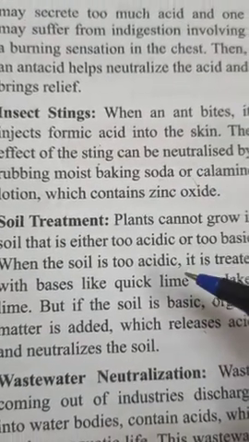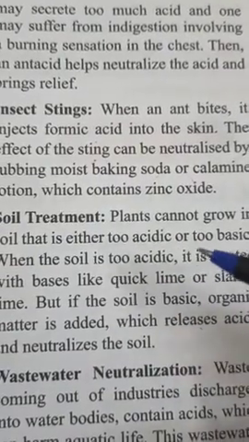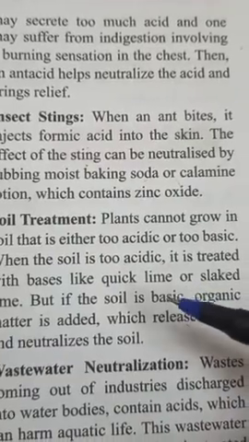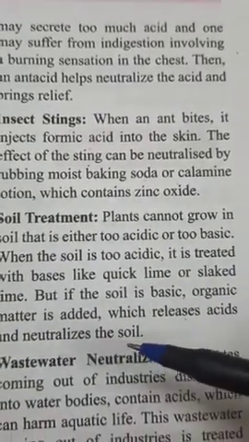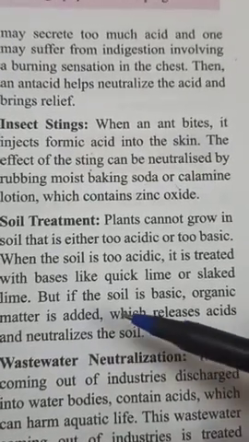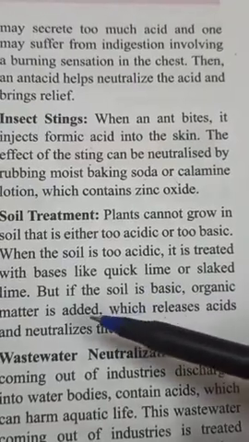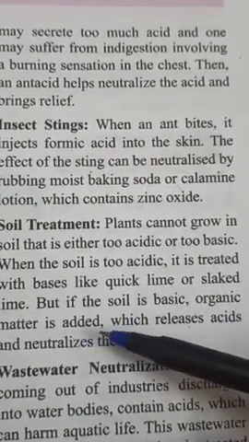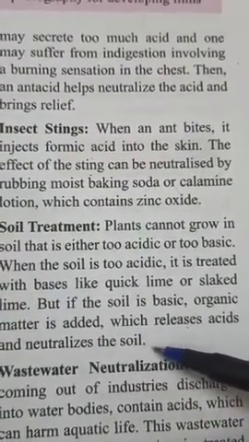When the soil is too acidic, we treat it using quicklime or slaked lime. But slaked lime or quicklime is for acidic soil. If the soil is basic, then organic matter is added which releases acids and neutralizes the soil.